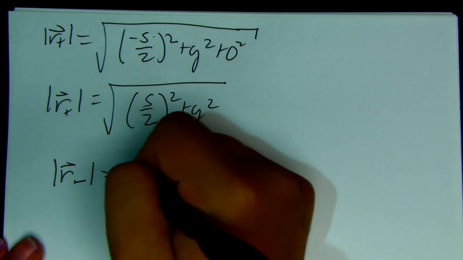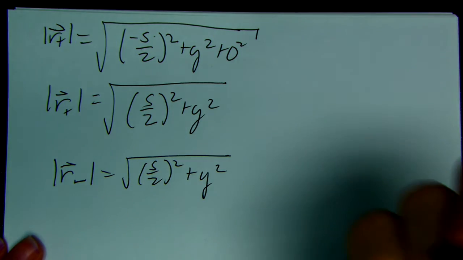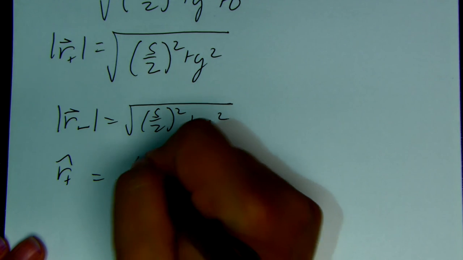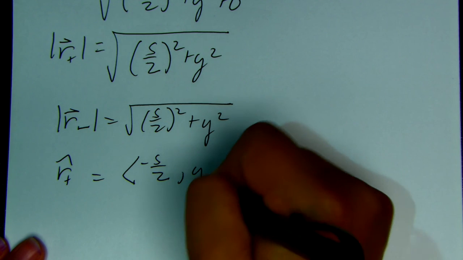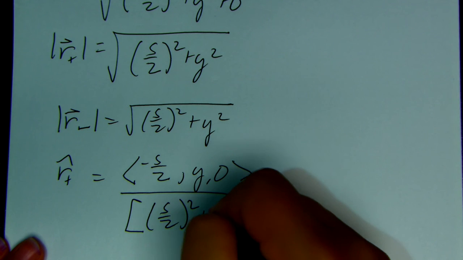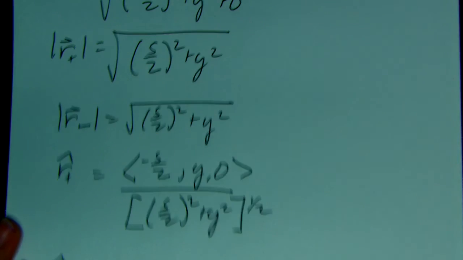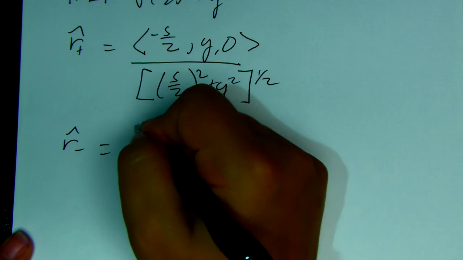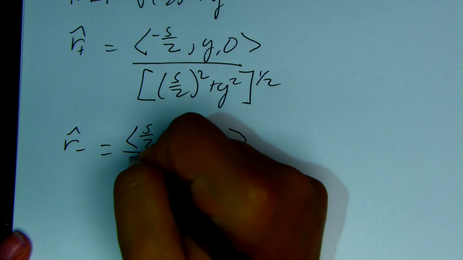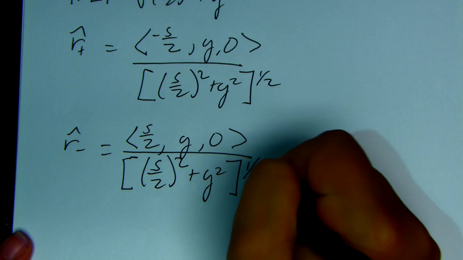Our minus magnitude is the same, since we already said the two magnitudes are equal to each other. The unit vector r plus is equal to minus S over 2, y, 0, over S over 2 quantity squared plus y squared taken to the power of 1/2, and our minus is just S over 2, y, 0, once again over S over 2 quantity squared plus y squared taken to the power of 1/2 for that square root.